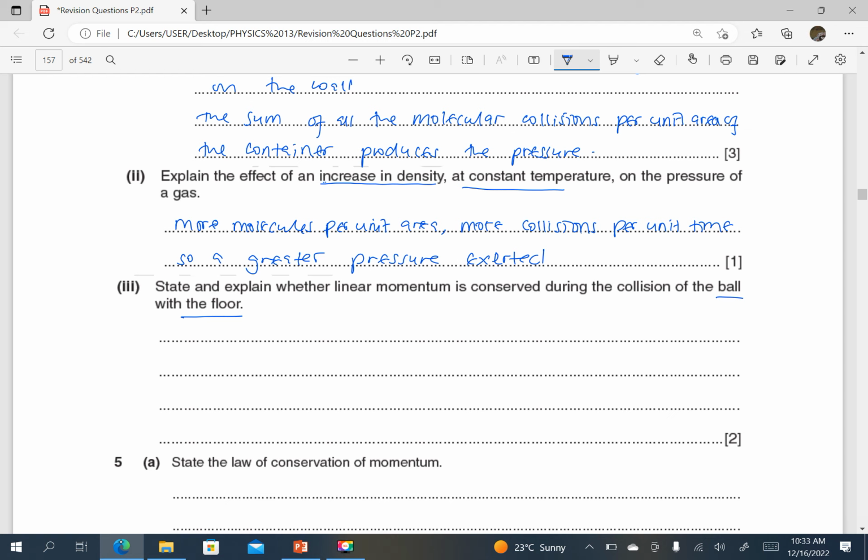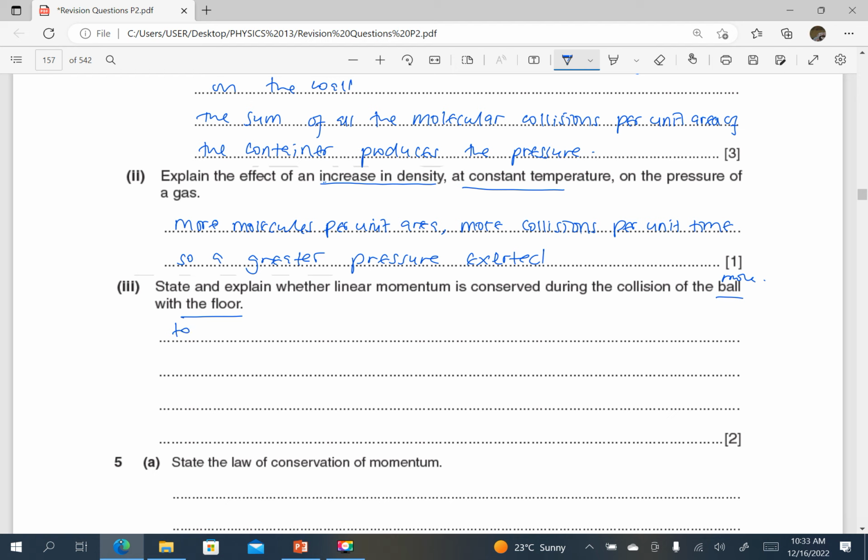So the total momentum. Okay, so I'm going to just take the molecule and the surface.